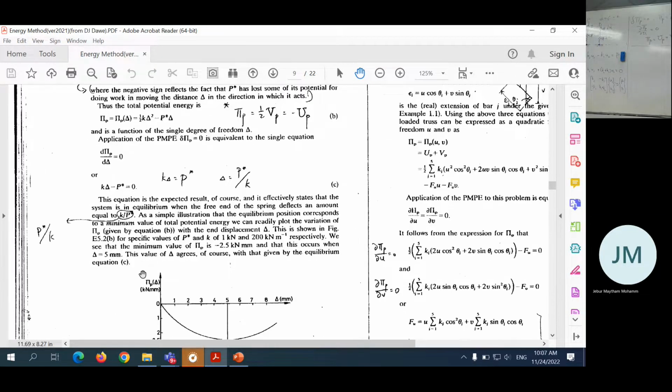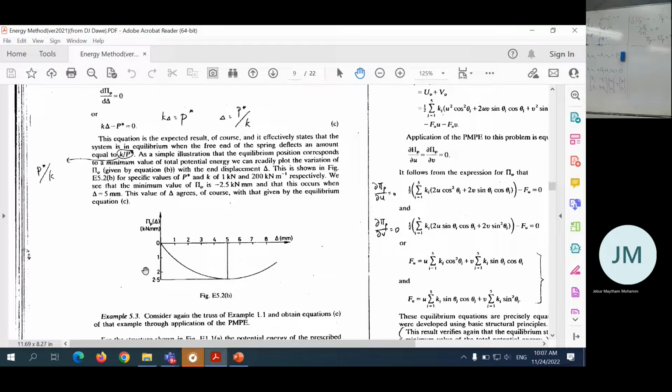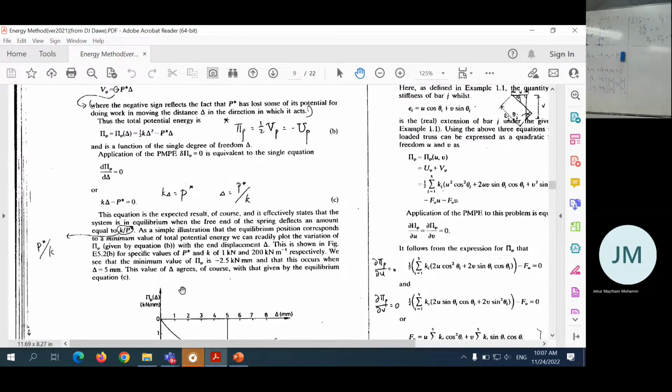Now, if we look at the total potential energy equation, which is equal to half K delta squared, where delta is the shortening, minus P, the applied load, multiplied with delta.